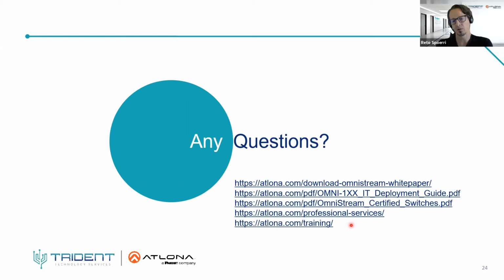We call it the Atlona Academy, where you can self-register, where you can sign up, where you find hundreds of videos and learning courses, including exams and certifications, and also those will provide CTS points. So if you follow the course, you can add CTS points to your resume.